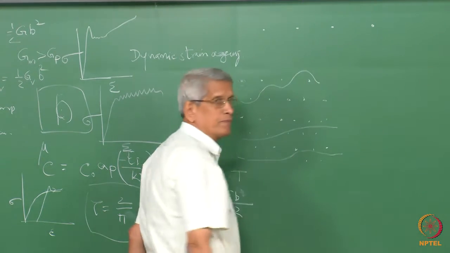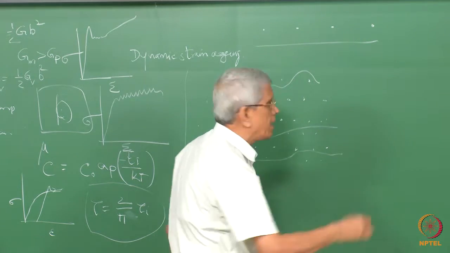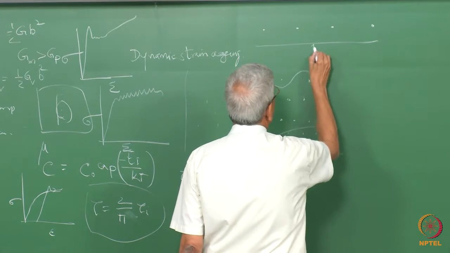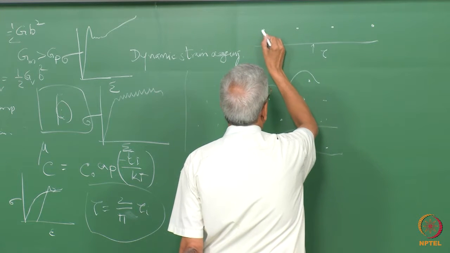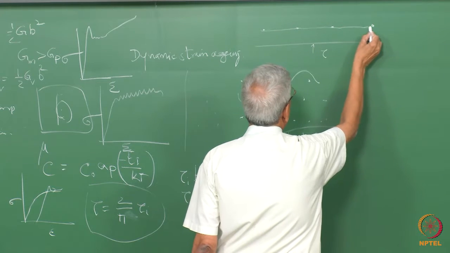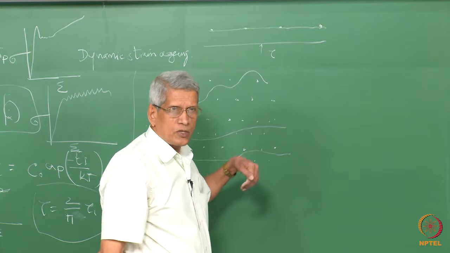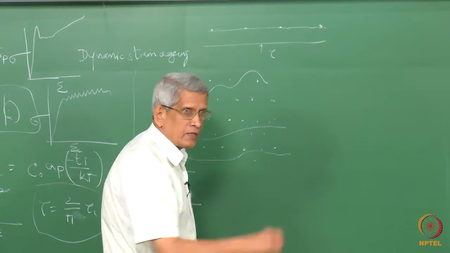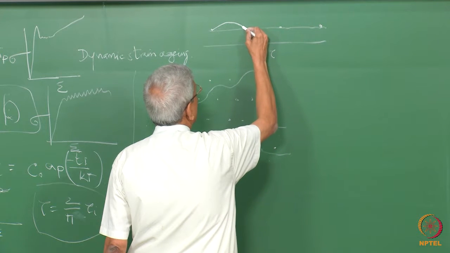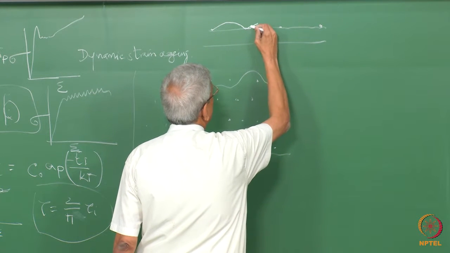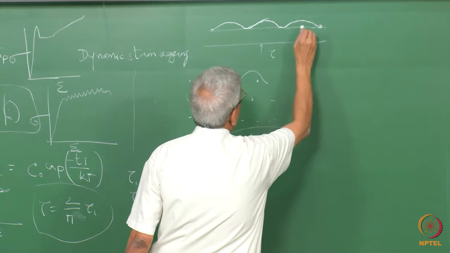There is a dislocation line here, and as this dislocation line moves under the action of a stress and reaches here, these obstacles will put a resistive force. Because of the resistive force, the dislocation will bend like this. Okay. This is how it is going to take place.